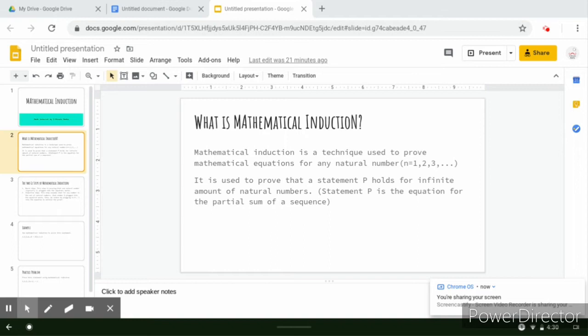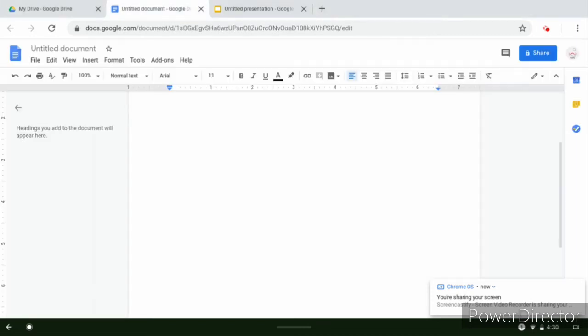Mathematical induction can be used to prove that a statement P holds for an infinite amount of natural numbers. Statement P is simply the equation for any partial sum. For example, if I give an example of a series, we can have 1, 2, 3, all the way up to, let's say, k.